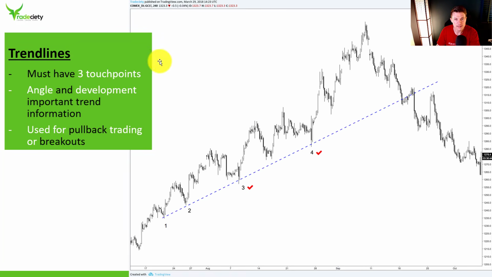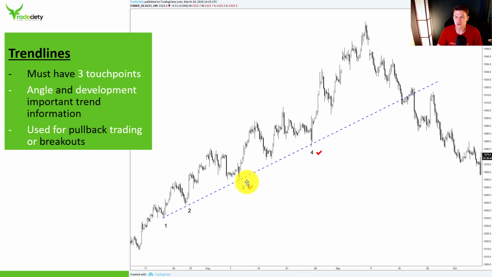And trend lines, one of my favorite concepts. I love trend lines. They're very versatile. The most important thing about trend lines is that you need to have 3 touch points, because you can always connect 2 random points with a trend line, but only if a trend line is connecting 3 points do you have a valid and verified trend line.